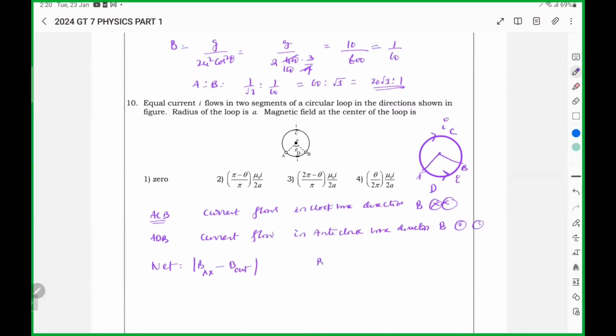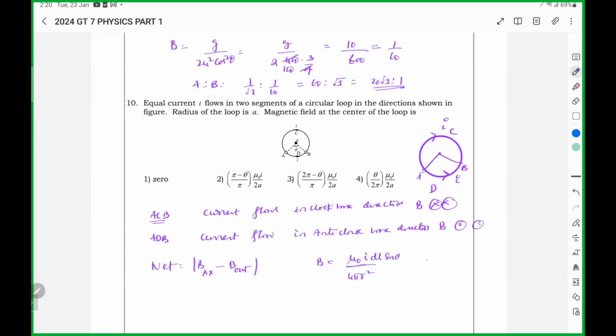So the magnetic field will be mu naught I dl sin theta by 4 pi r square.